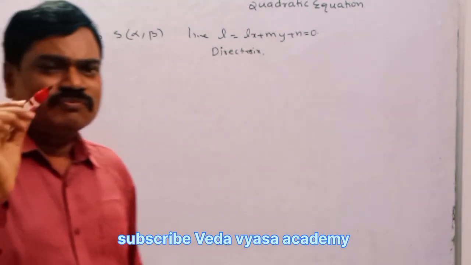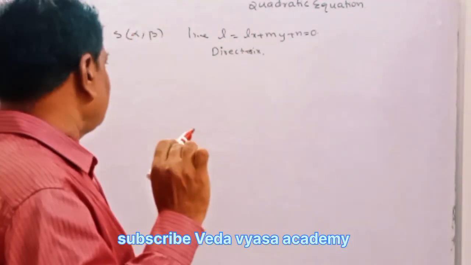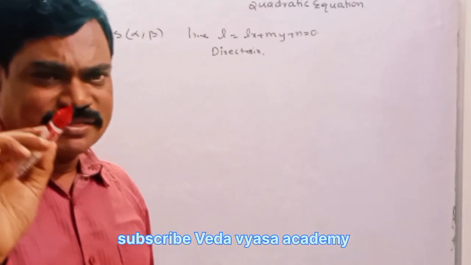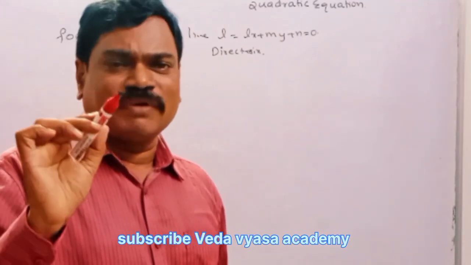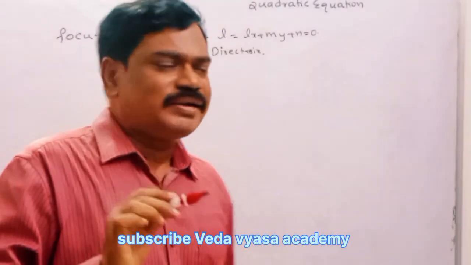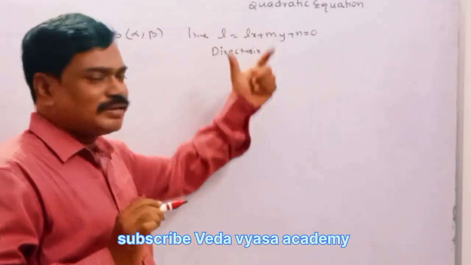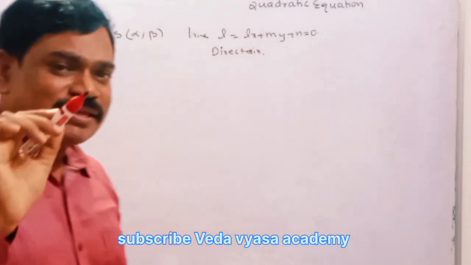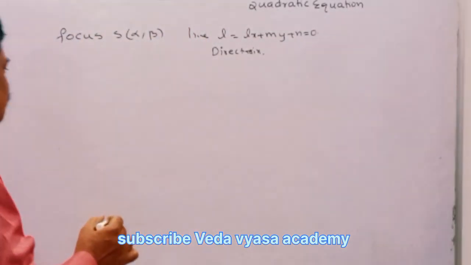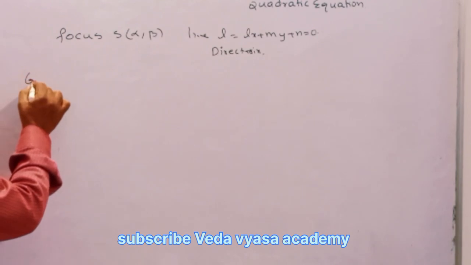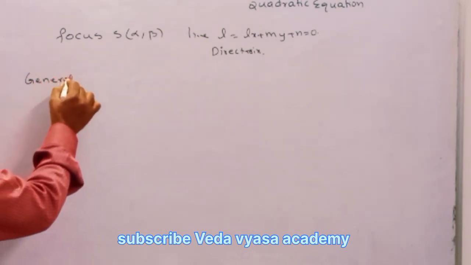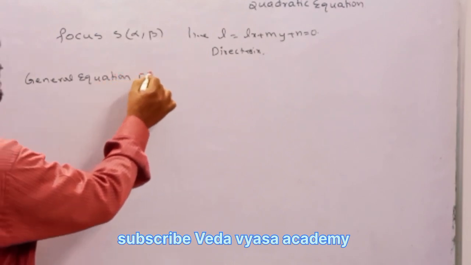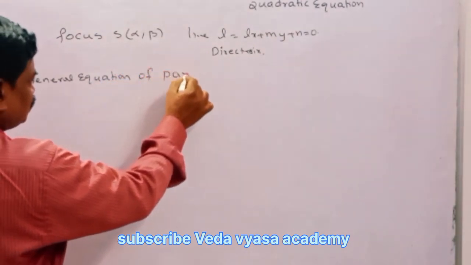If the focus, a fixed point S(alpha, beta), and the directrix line Lx plus My plus N equal to 0 are given, then we want the general equation of the parabola.